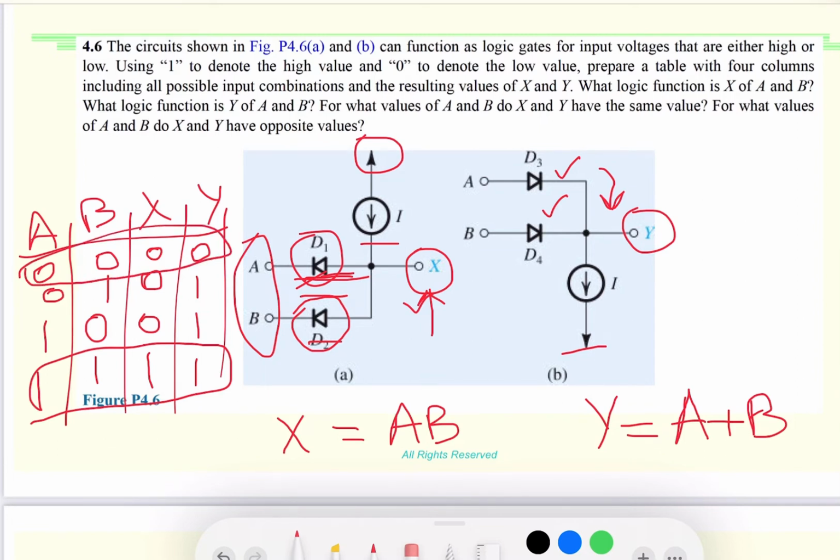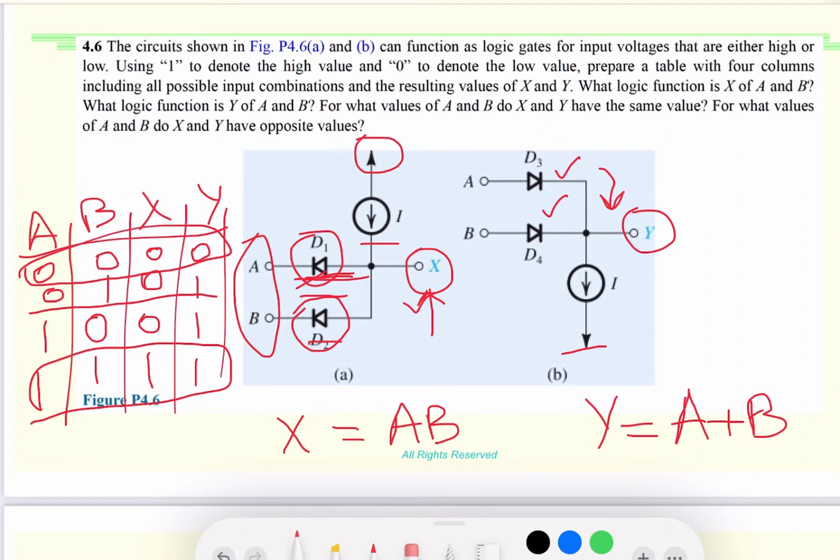And then it says if they are opposite, which is 0, 1 or 1, 0, that means X will be opposite to Y. So that was what we have done so far using diodes and seeing how diodes play about the voltage drop and what happens to the voltage across the device.